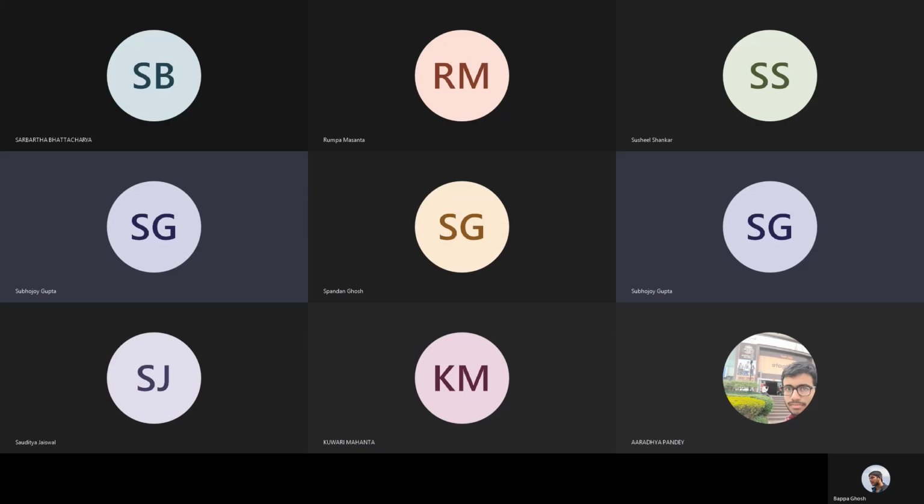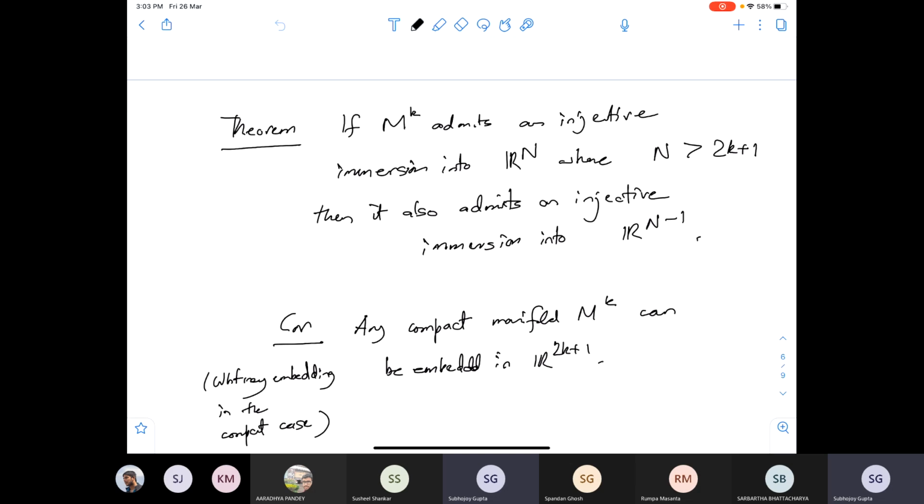So this was the theorem that we were after. If we have an injective immersion to some large dimensional Euclidean space, and we know that there exists some such immersion, well, we know that for compact manifolds, but anyway, the theorem is about any manifold.